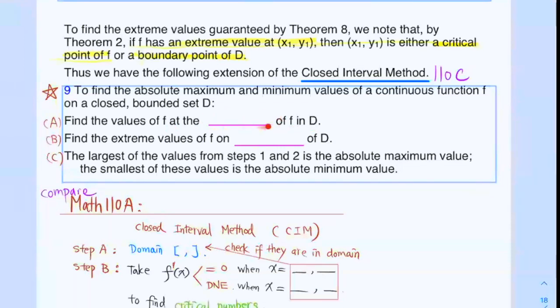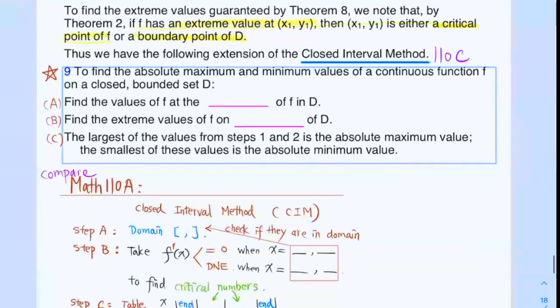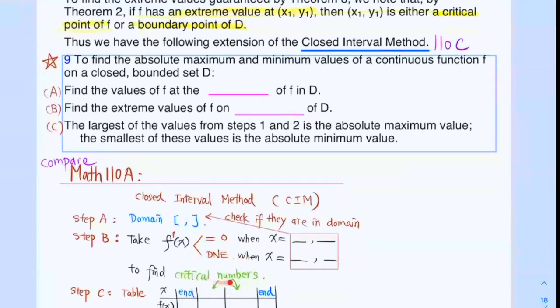Think about what I should put over here. In the one-dimensional case, those are the critical numbers. So this case here will be what? There will be critical points, right? Those critical points of the function.